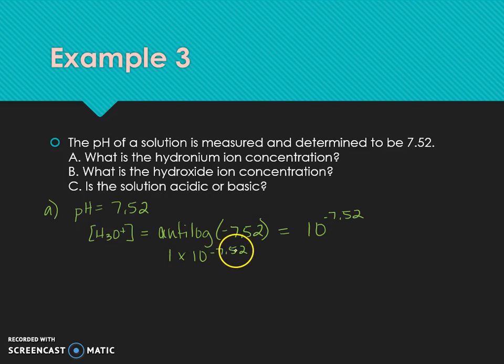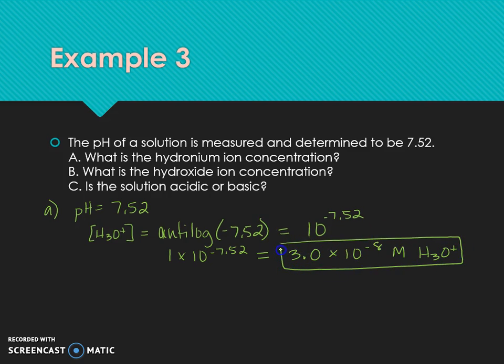When you plug it into your calculator, it ends up being 3.0 times 10 to the negative 8th molarity H3O plus. If you are unsure of how to get that, bring your calculators to me in class and we'll go through how you get it on your calculator. So there's your hydronium ion concentration.